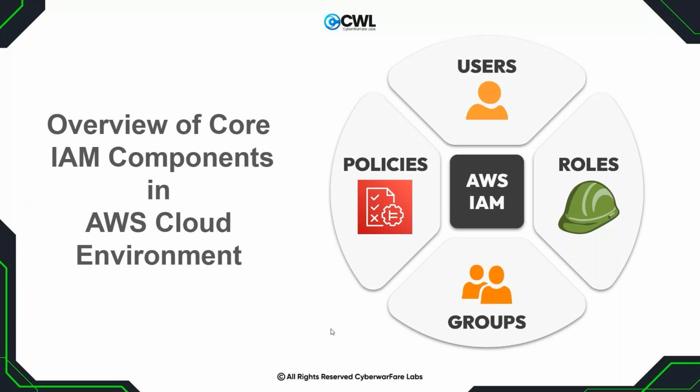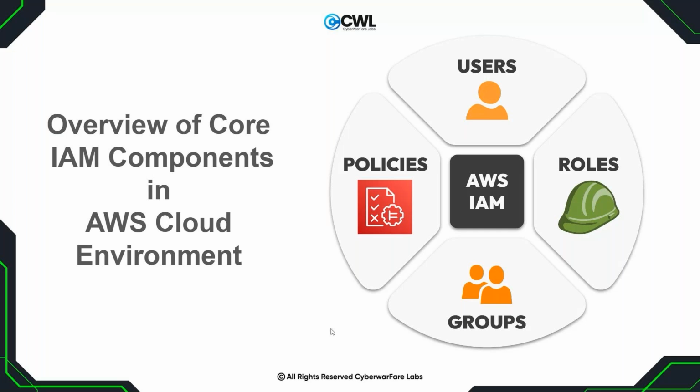AWS IAM helps us define access through several components such as users, roles, groups, and policies. This section will not take much time, roughly 5 to 6 minutes, to set the foundation of understanding IAM's critical role in controlling access to AWS resources.